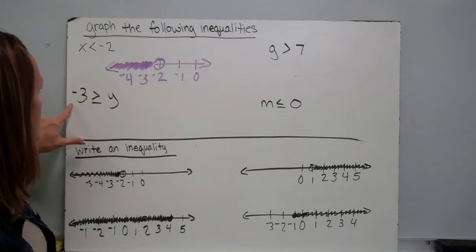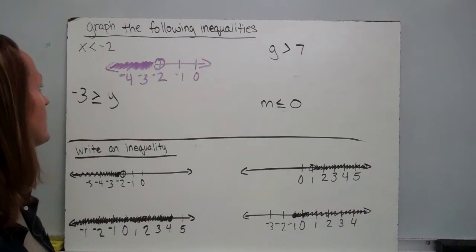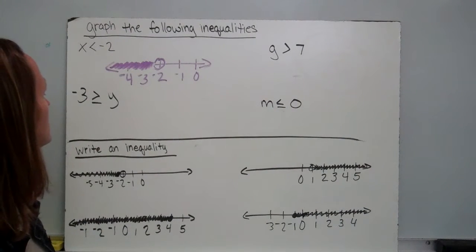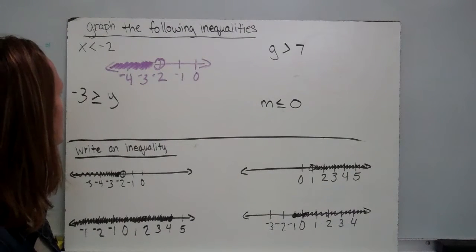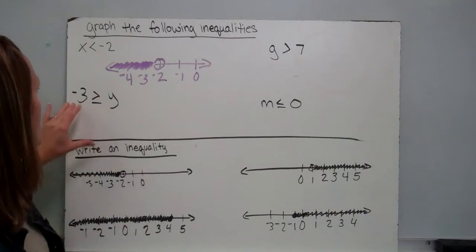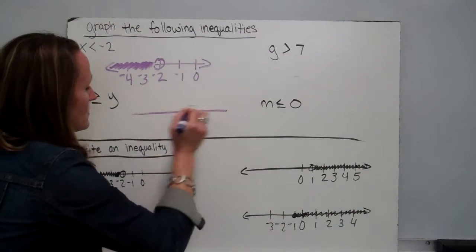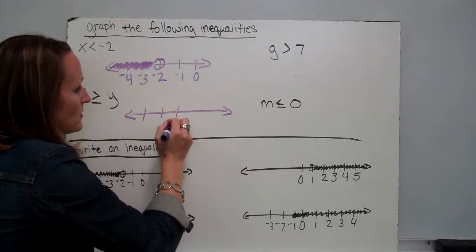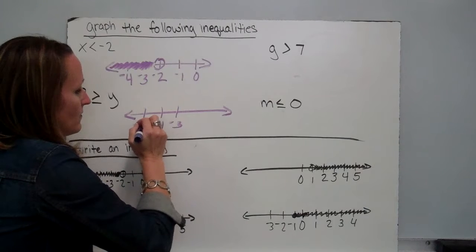Now this says -3 is greater than or equal to y. Did I do that first one right? x is less than -2. Okay. -3 is greater than or equal to y. Let me draw -3, -4, -5.